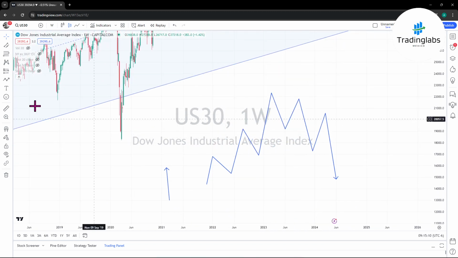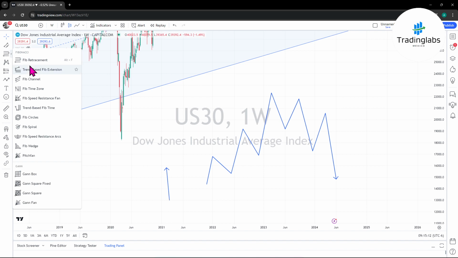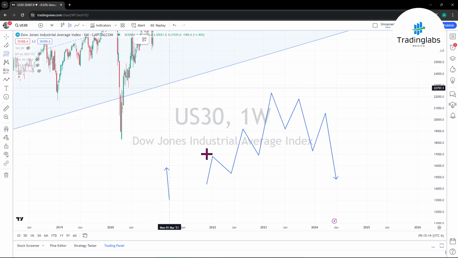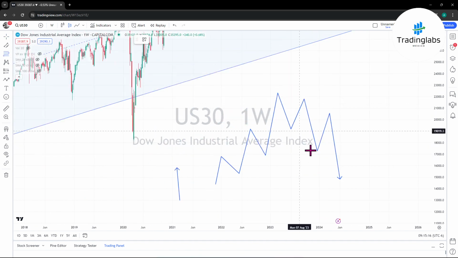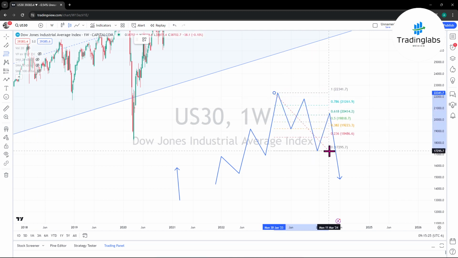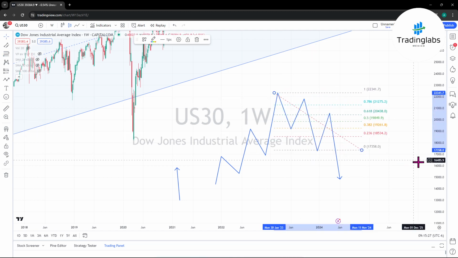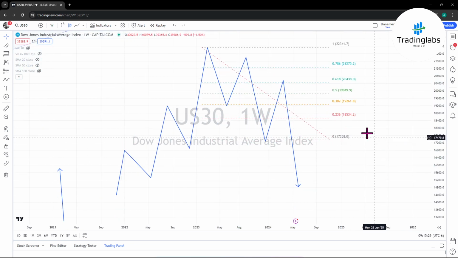Okay, the Fibonacci is like this. Use Fibonacci. You know here that the market broke this low. This is a Fibonacci retracement from the top to the bottom. It made a retest at 0.6, this area, 61.8.